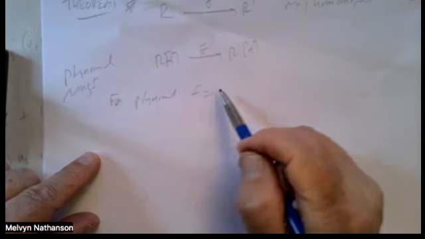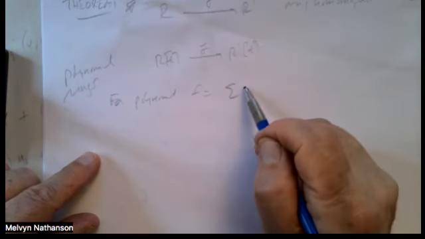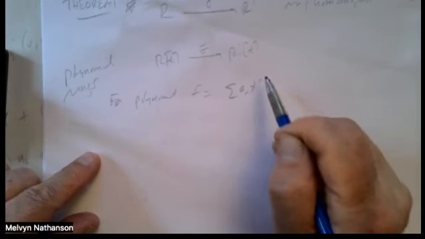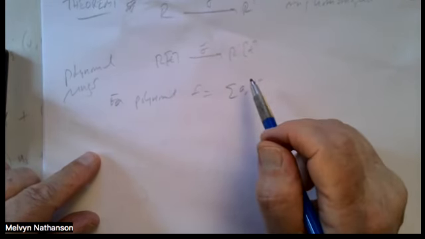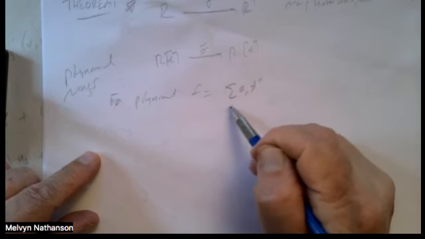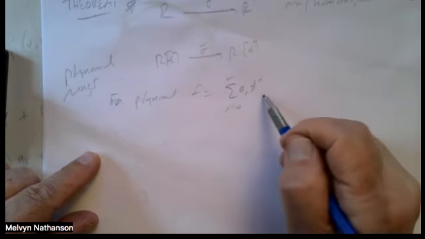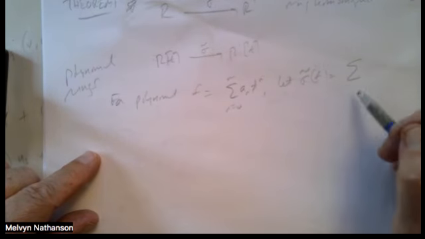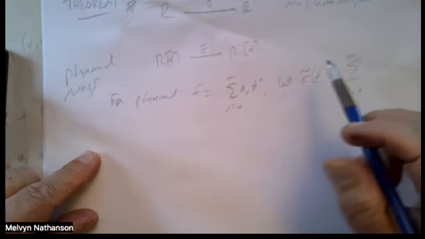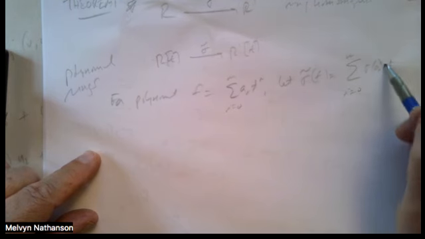For a polynomial f, f of t equals the summation of a sub i t to the i, where i goes from 0 up to m. Let sigma tilde of f be the polynomial where you apply sigma to all the coefficients, sigma of a sub i times t to the i.